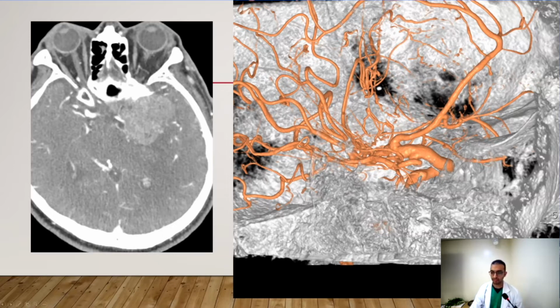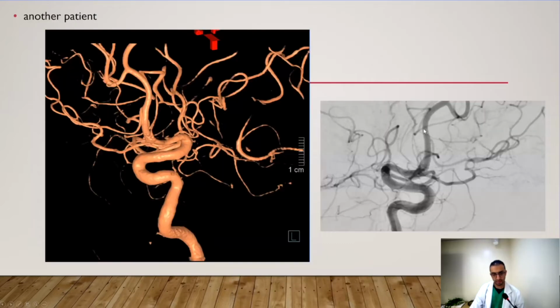This is an unsubtracted image where we can see this is probably the fronto-orbital branch, but this is the branch of the ophthalmic artery, as we can see here, from the A1.